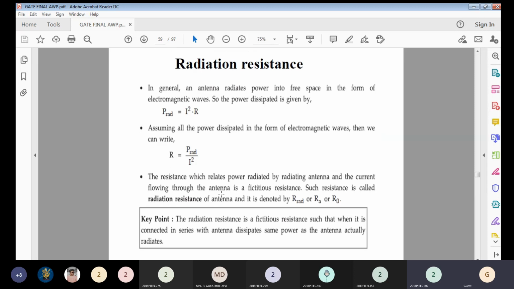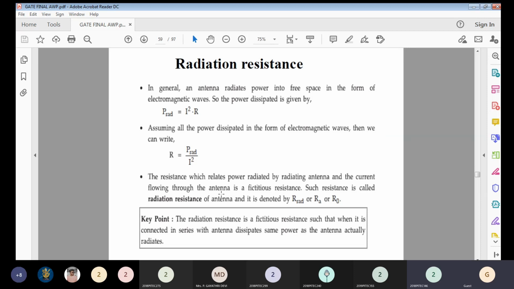Generally, the antenna is a radiating device, as you all know. It radiates electromagnetic energy, in which the power is radiated into space in the form of electromagnetic waves.